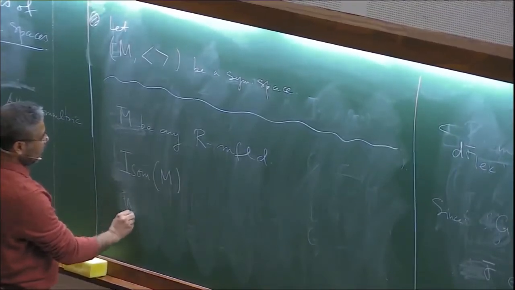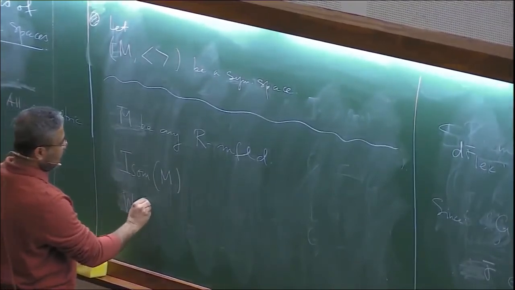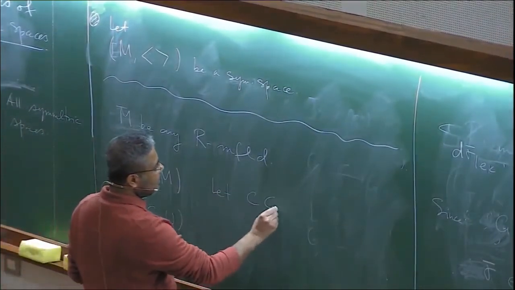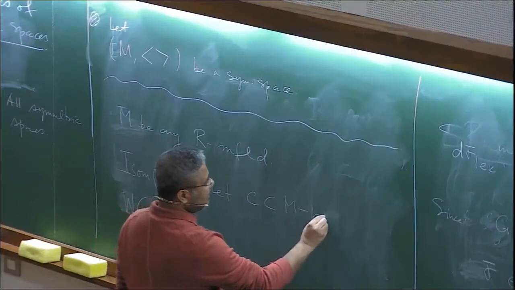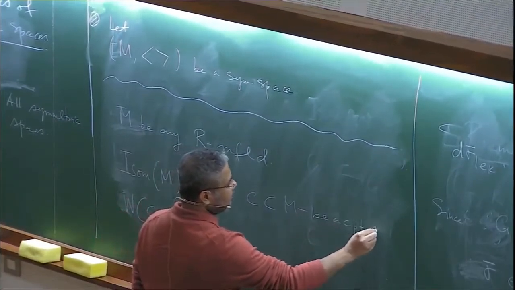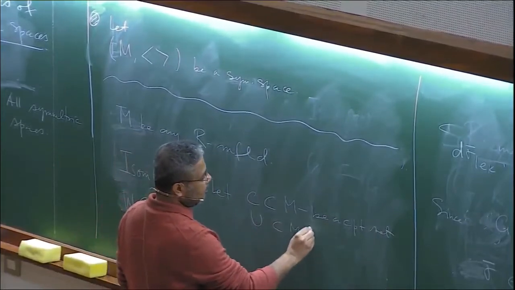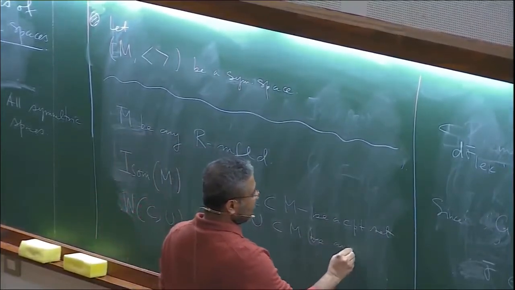So let C be a compact set and U be an open set.